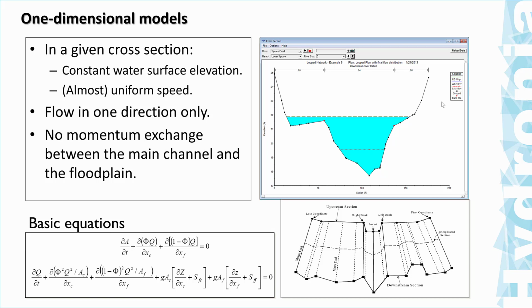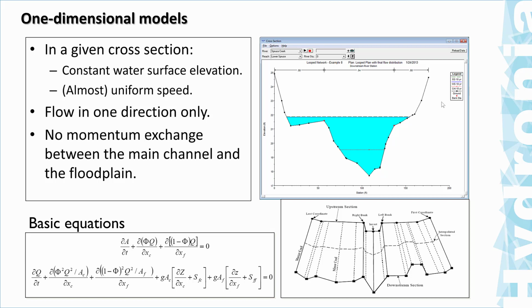During that period, the two-dimensional models were, for the most part, more expensive to use. They require a lot of computer power, and sometimes users didn't have the data to support the two-dimensional approach.